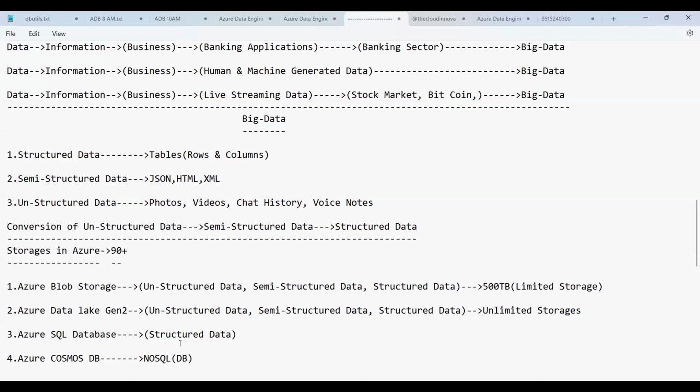And if you have NoSQL, then we can store any kind of data, that is, we can store semi-structured and structured. Unstructured, anyway, we don't support here to store. Obviously, it's limitless, no limit again for the same.